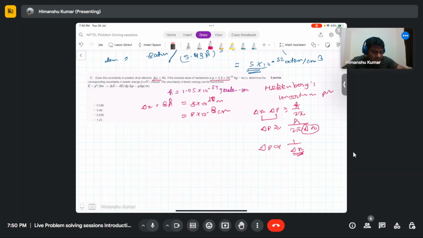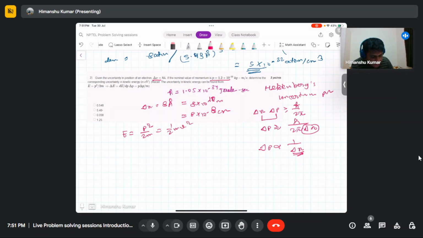For a free electron, it is not under the influence of any electrostatic potential or any potential, so it has only kinetic energy and no potential energy. The whole energy is p square by 2m, or half m v square, which is the kinetic energy.